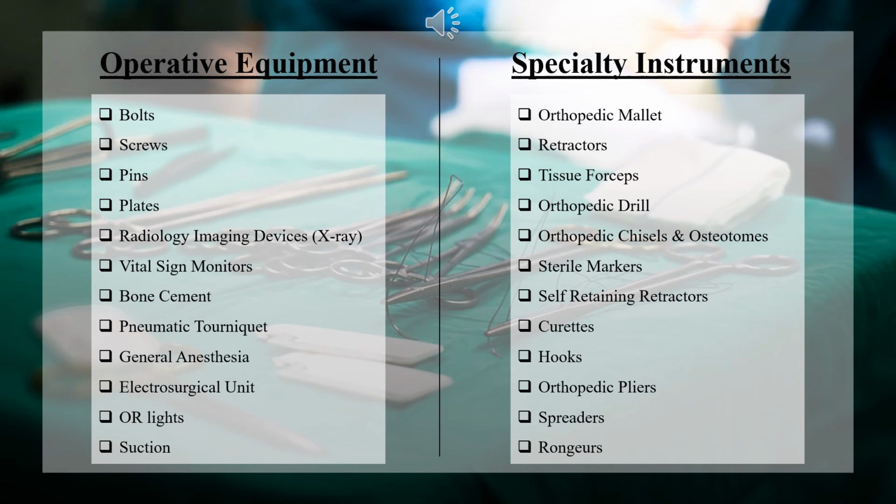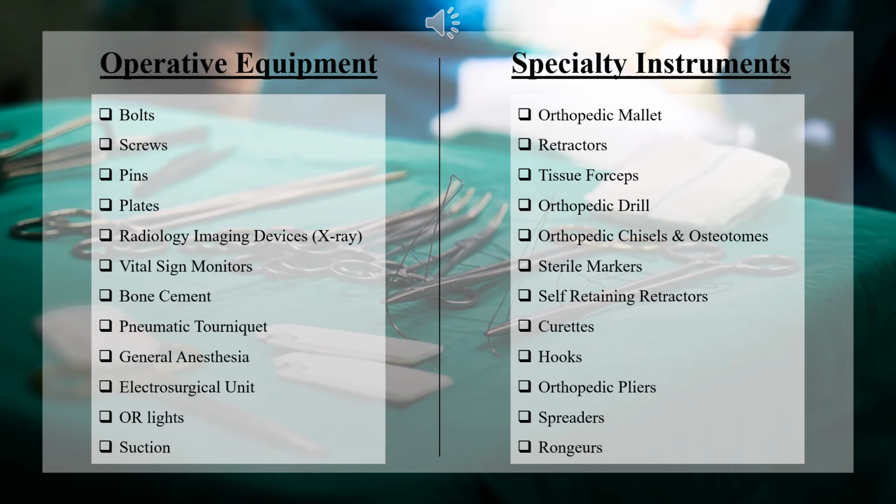So now that we know what your new hip is going to be comprised of, I wanted to tell you a little bit about the equipment and instruments used during your operation.